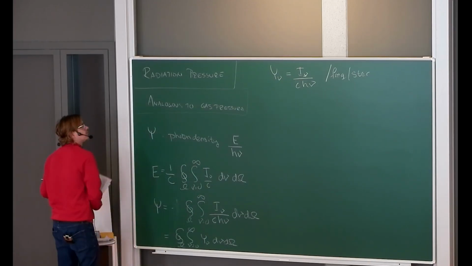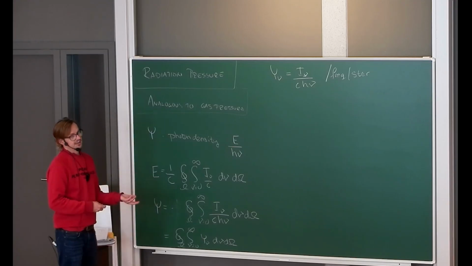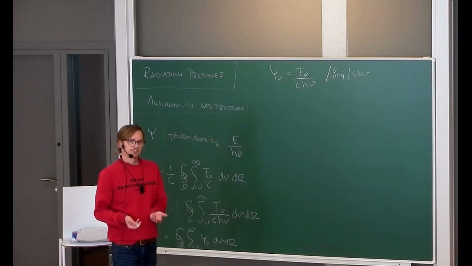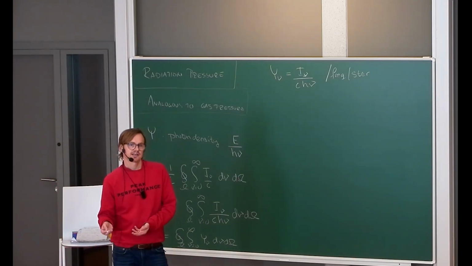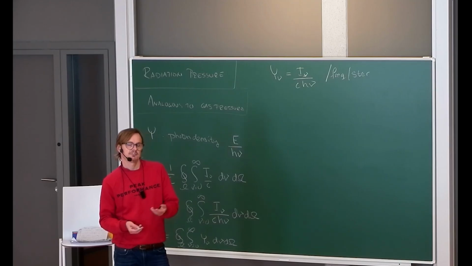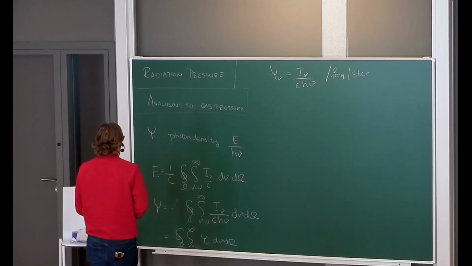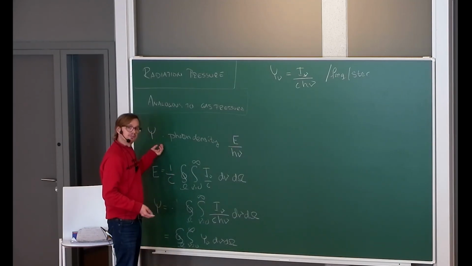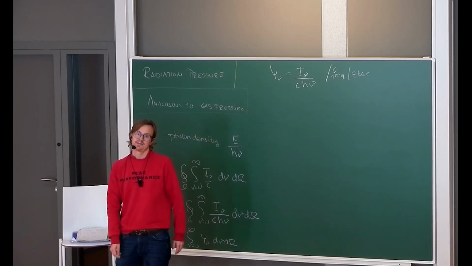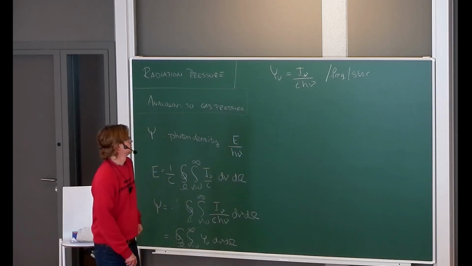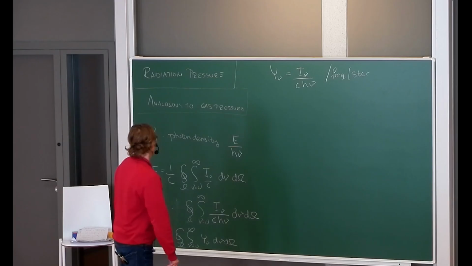So fairly straightforward. We will also use this when we discuss equilibrium black body radiation, because we can use it to get a feeling for the number of photons contained within a volume of black body radiation.